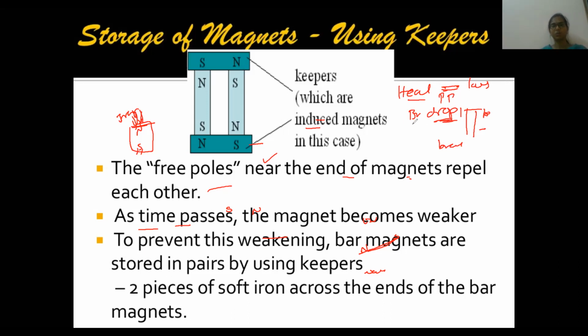We cannot hit the magnet, and we cannot pass very high electric currents through it either. These are the methods by which a magnet loses its property. To avoid all this loss, we keep it in wooden boxes, so that it does not lose its magnetic properties and strength.